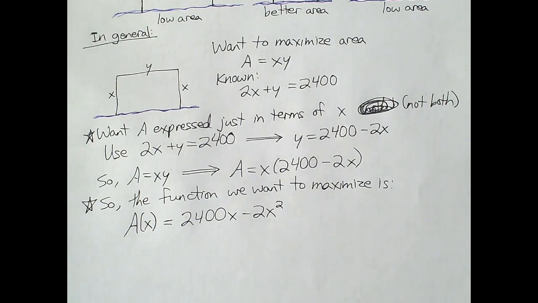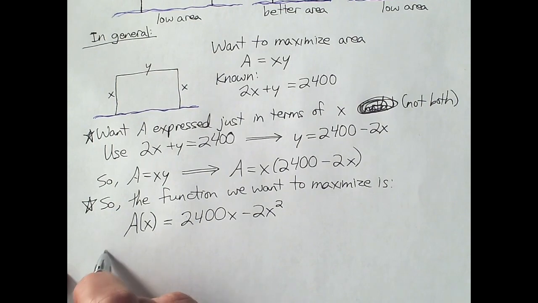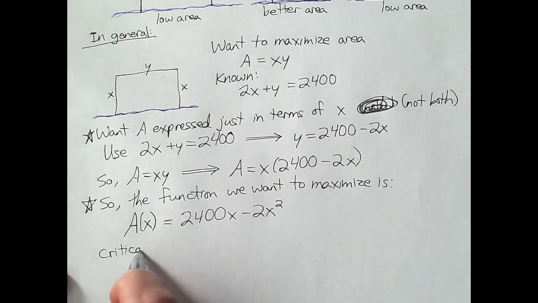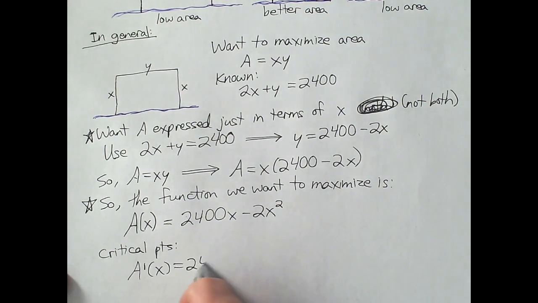All right, let's use the methods that we've discussed in recent lessons to find the absolute maximum. Like, where does a maximum occur for this? So we want to find critical numbers, right? Critical numbers or critical points. What you do is you need the derivative. There's the derivative.